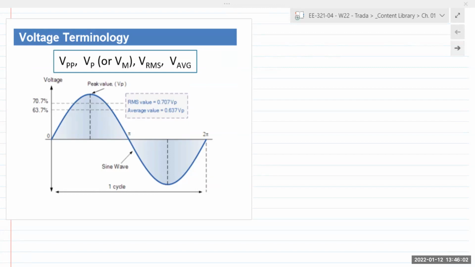AC analysis is one of my favorite topics. Well, not everyone enjoys it, but this is really nuts. Yeah, reactive power.